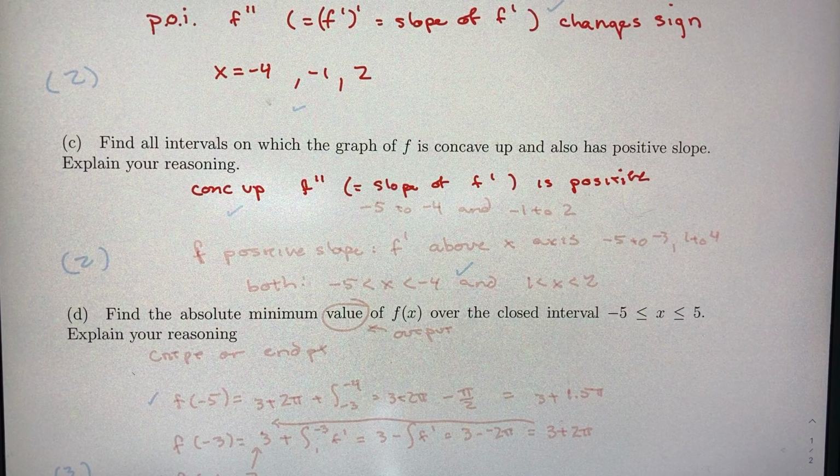And that happens from -5 to -4 and -1 to 2. It's in positive slope. F has positive slope. Not when F prime has positive slope, that's the concavity. F prime above x-axis.